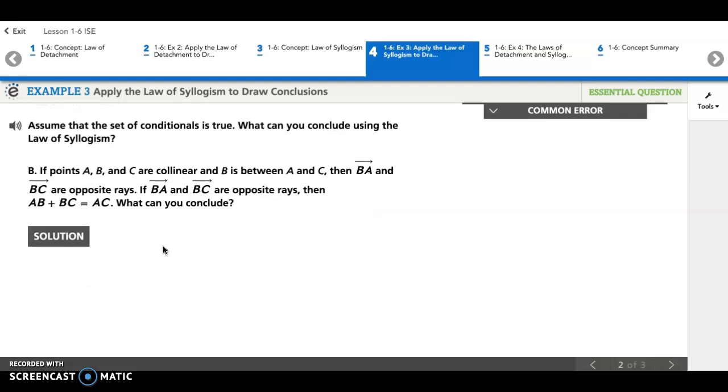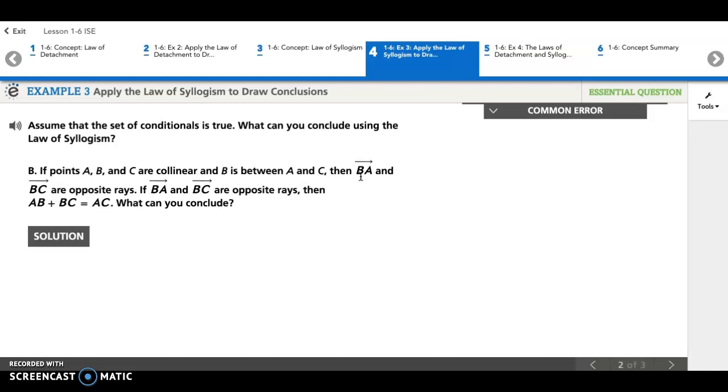If points A, B, and C are collinear and B is between A and C, then ray BA and ray BC are opposite rays. If ray BA and ray BC are opposite rays, then the length of AB plus the length of BC equals the length of AC. What can you conclude? So again, notice we have two if-then statements.